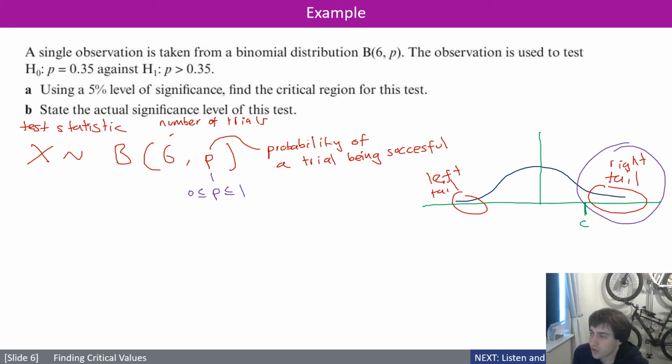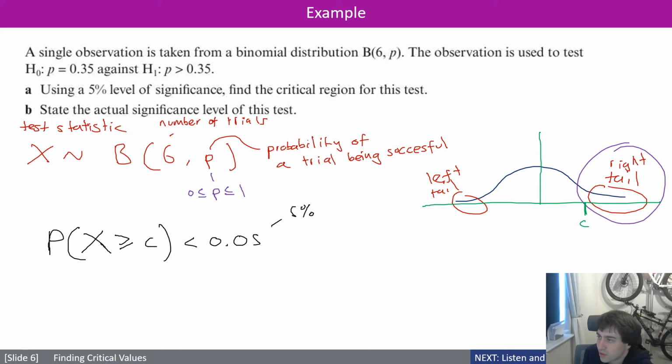So in other words, let's write down the expression which is going to help us work this out. The probability of that random variable test statistic being greater than or equal to the critical value, and we're choosing greater than or equal to because we're on the right, that probability needs to be less than 0.05, which is our 5% significance level.